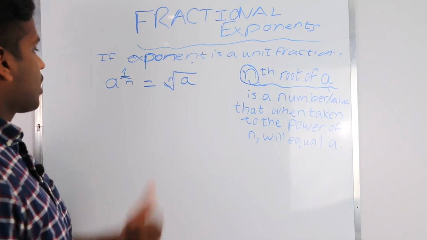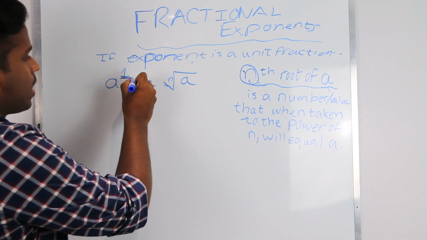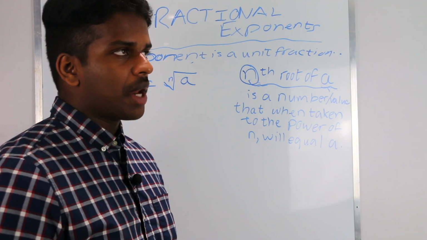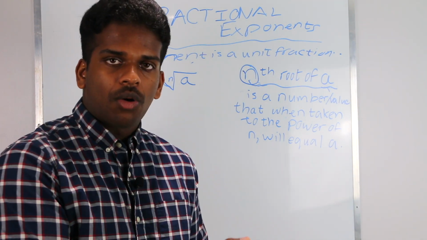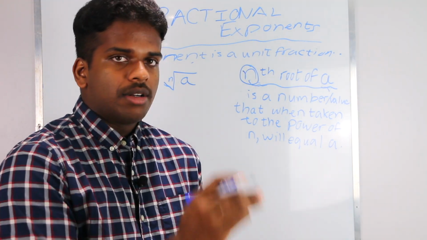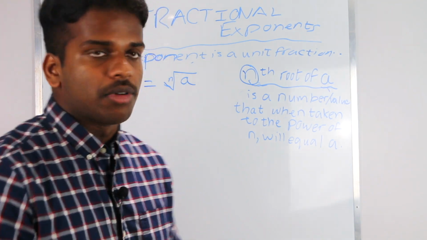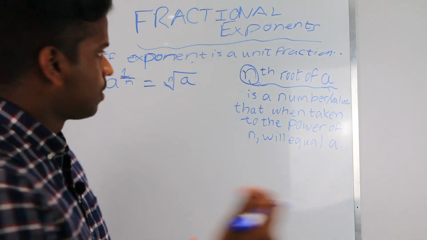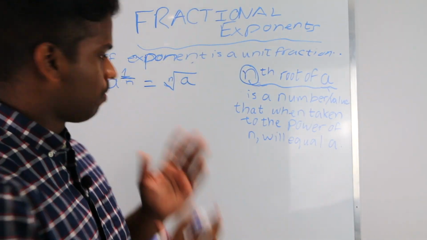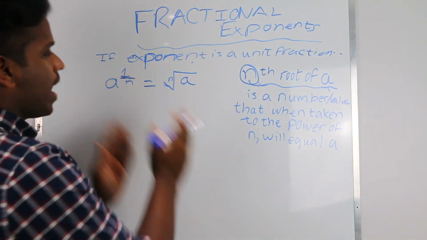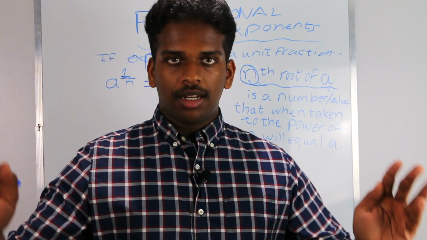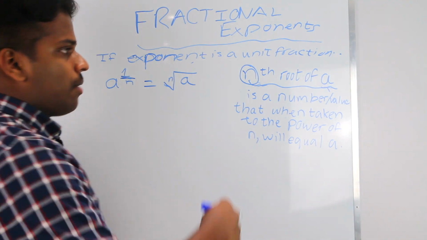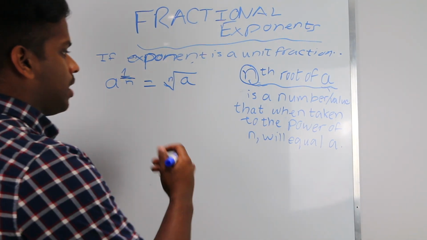Because we have a 1 over n here, if n were a fraction, like a half, then 1 over a half is 2, so we would get a whole number, and A to the power of a whole number, this rule wouldn't apply. So let n represent any positive or negative integer. I'll show you how we handle negatives later on in the video.